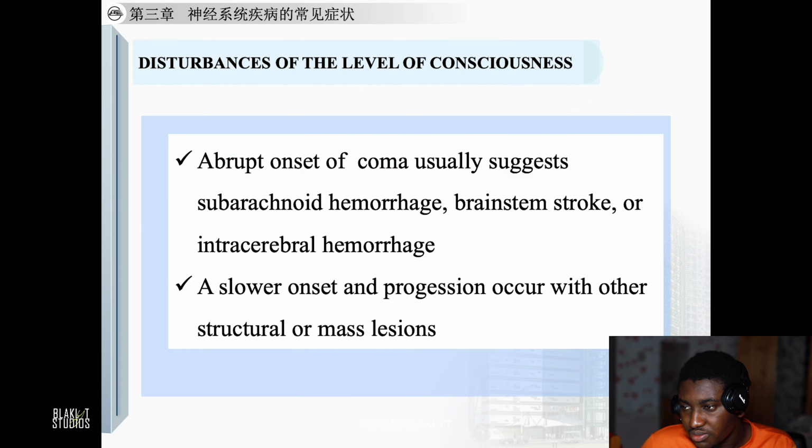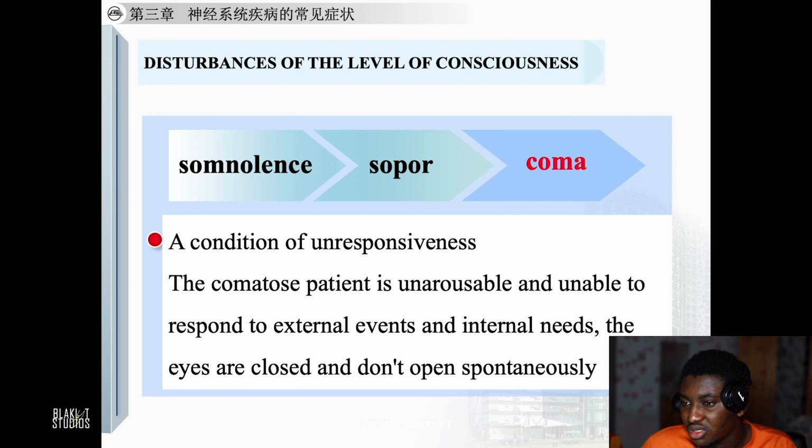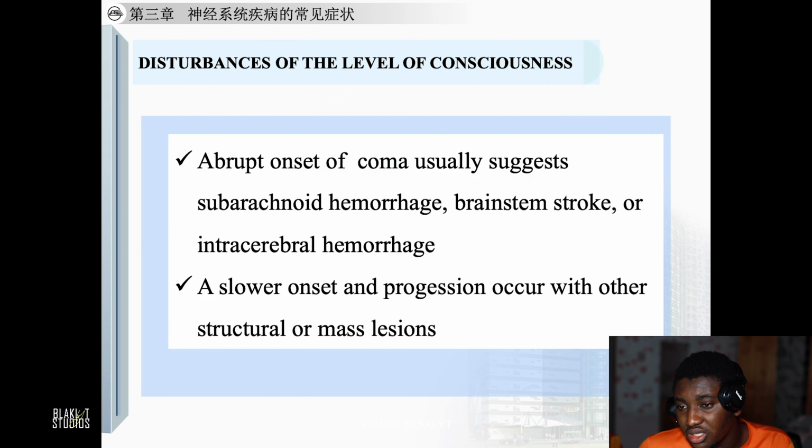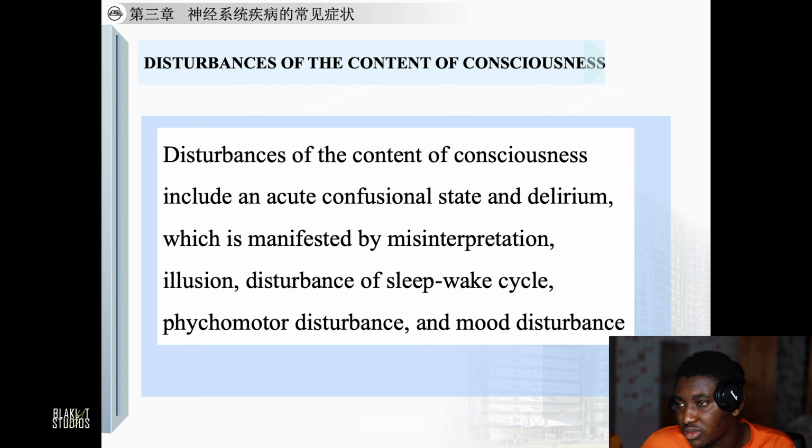If it gets to coma suddenly, it could be subarachnoid hemorrhage, brainstem stroke, or intracerebral hemorrhage. And if it's slow, then it could be a structural or mass lesion.